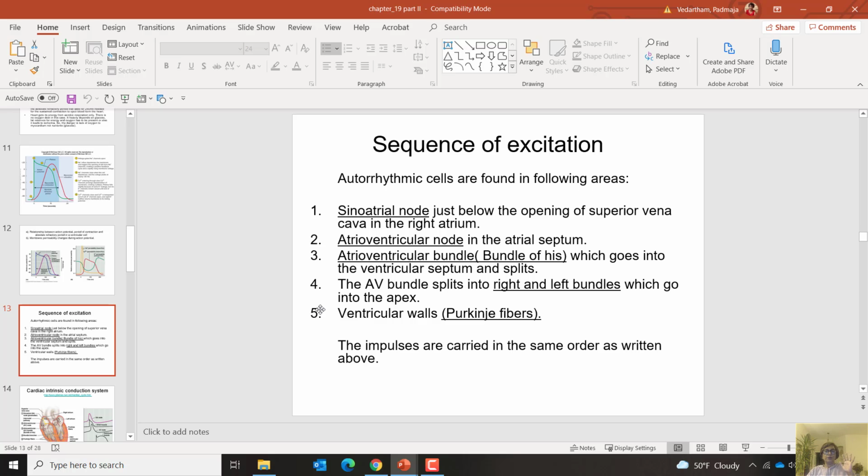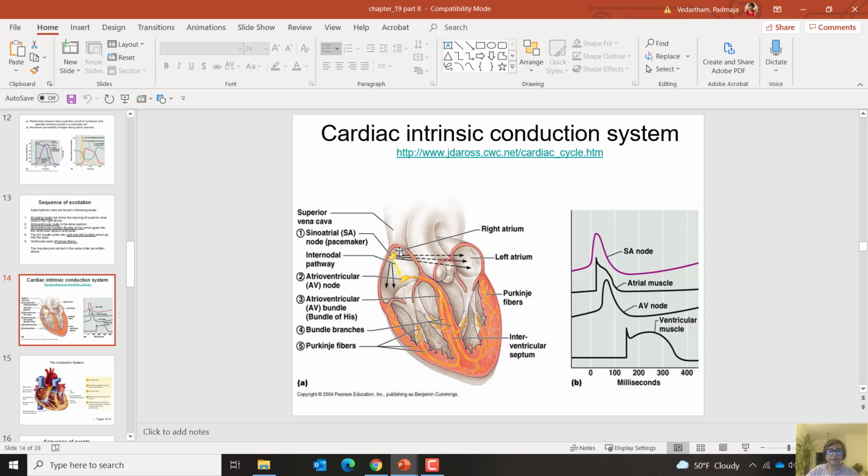Okay. So when we look at the pacemaker cells, the pacemaker of the heart is called the sinoatrial node, okay, which is in the right atrium, just at the base of the superior vena cava. That is what sets the pace for the heart. It's about 72 beats per minute.